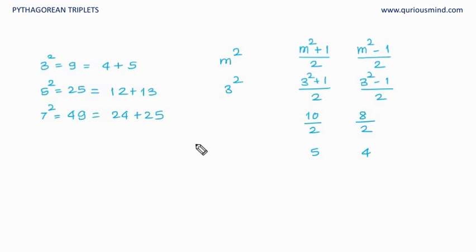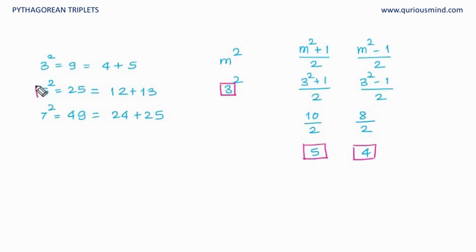We got these numbers. So this is how we looked at this pattern. Incidentally, these numbers, which is m here, 3, 4 and 5 are a Pythagorean triplet.